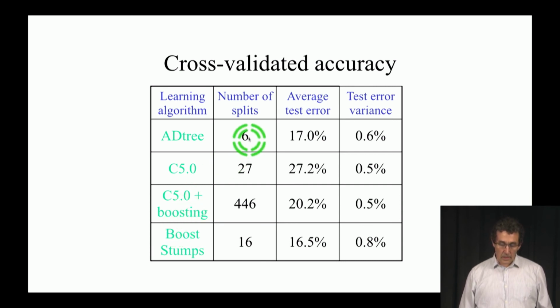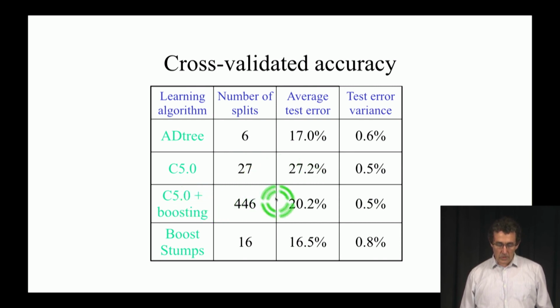And what you see is that the smallest one in terms of number of splits is the AD tree, which makes it the easiest to understand because there are fewer rules to interpret. And its test error is very good and doesn't fluctuate too much. This is the variation of the test error. And C5.0 is much bigger, but much worse in performance.